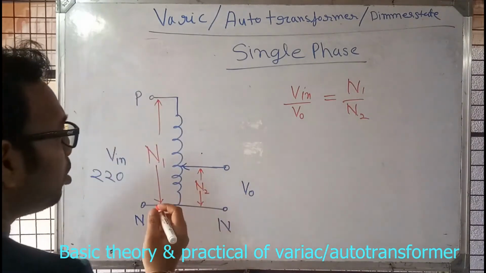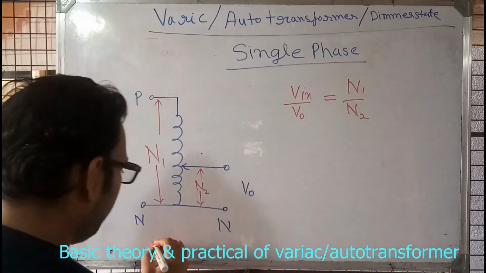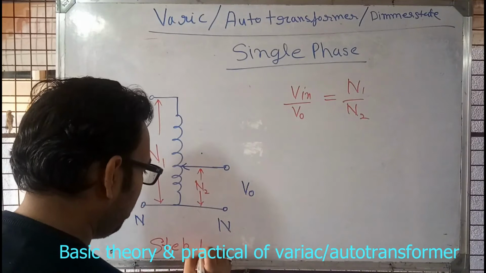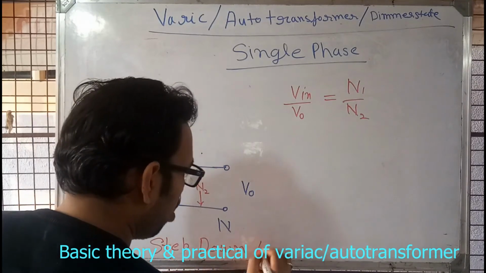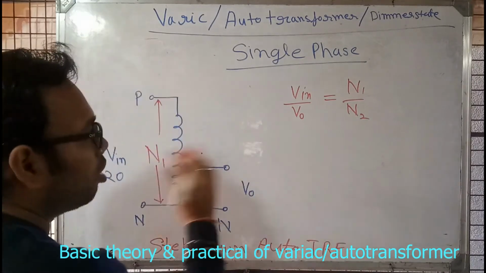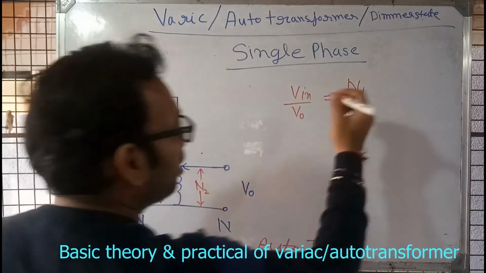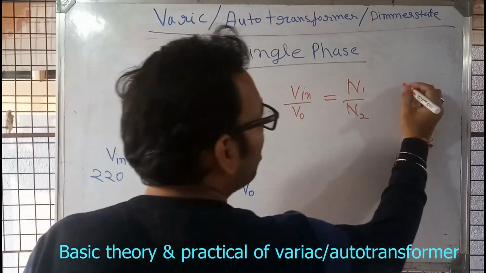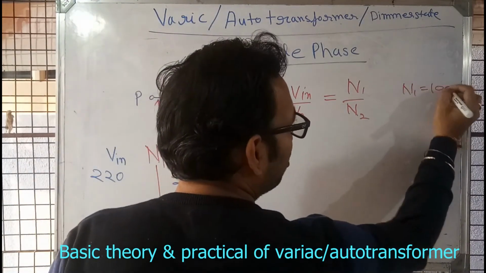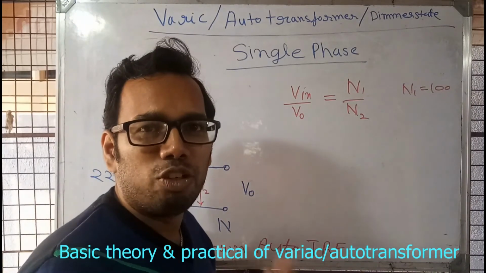Okay, so now we are talking about the step down autotransformer. In this case, if you give 230 volt, let us assume the total turns N1 is 100 turns. N2 is from 0 up to a maximum of 100.